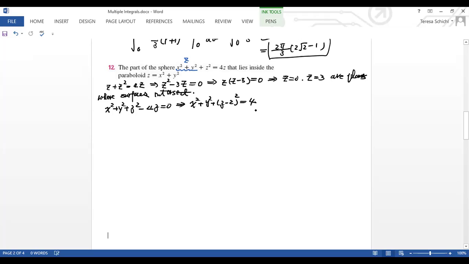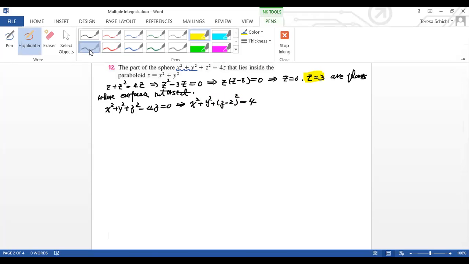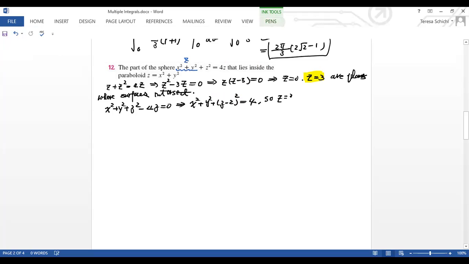Okay, so I know z equal to 3, right? And this is a sphere, right? It's centered at (0, 0, 2), and the radius is 2. So I know z equal to 3 intersects the upper hemisphere, correct?